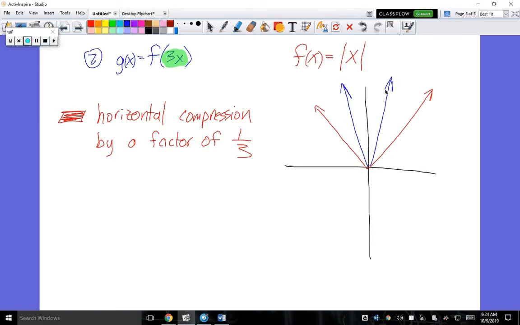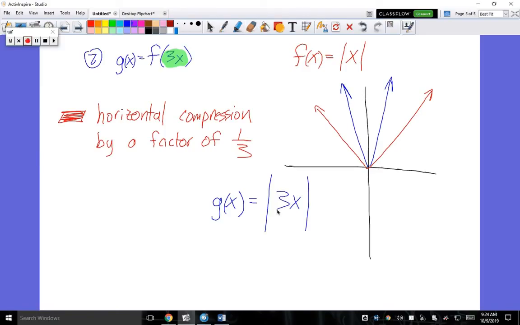And my slope, okay, so right here, this is u. At 0, it would be 0. At 1, it would be 1/3. Go with me? But at 3, it would be what? 1. Oh, I'm sorry, no one said anything. This shouldn't have been a 1/3. It should have been a 3.